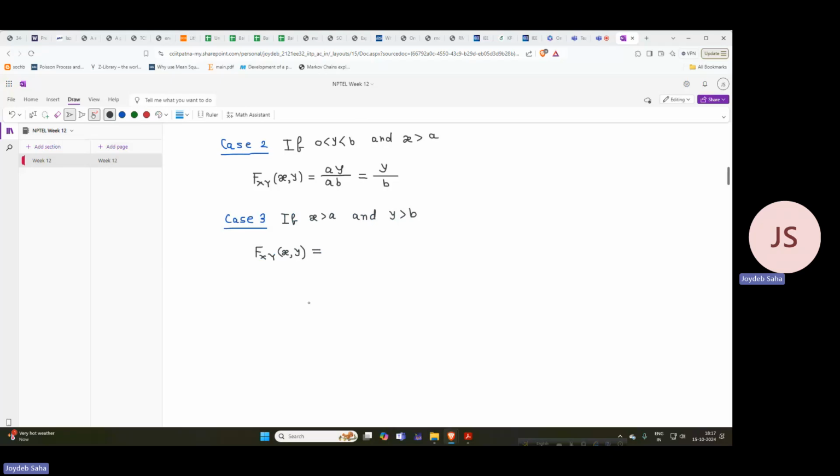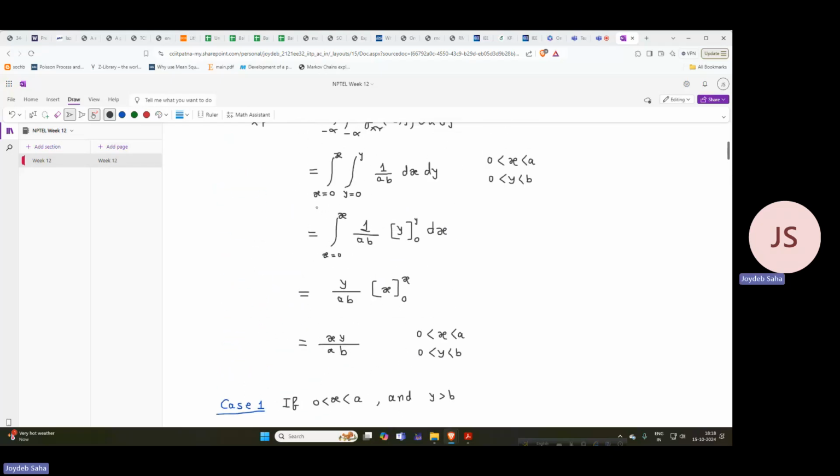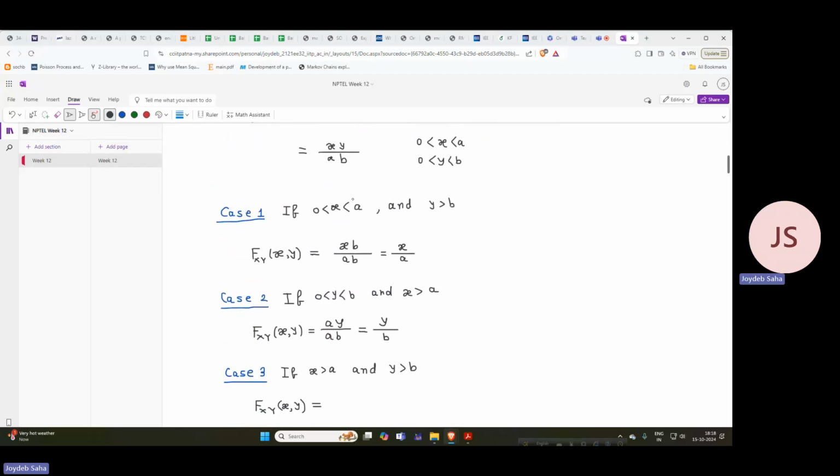Take 2-3 minutes and try to think what the answer will be. If it is solved, then please match the answer. Look, this is the capital F of xy we have received for case 1 and case 2, and similarly we have to solve case 3. Try to solve.